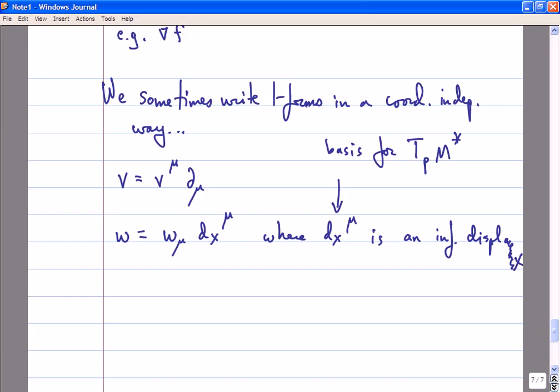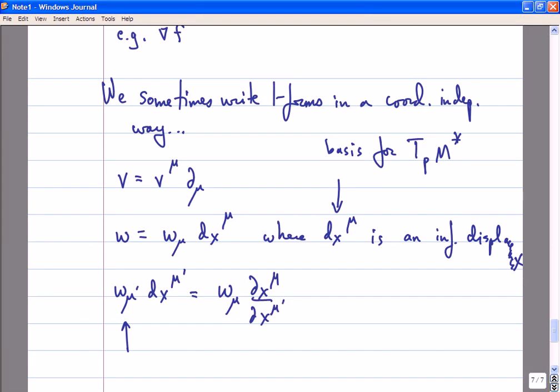So if we were to look at this in a different coordinate system, we would write the symbol W mu prime dx mu prime and ask how this could be related to W mu dx mu in the original coordinate system. We use the transformation law for W mu prime. That's the definition of the transformation law for the one form. So that's equal to W mu dx mu by dx mu prime. And then, let's not call that mu prime.